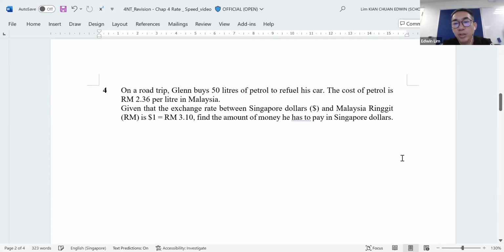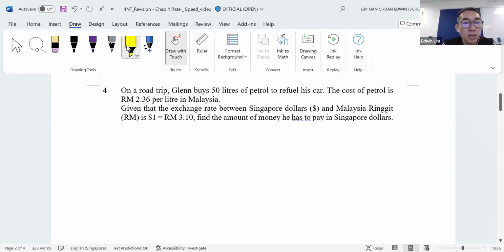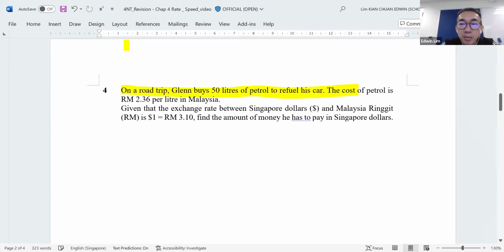Okay, for this question, there are several parts that you have to understand. First part, I'll just use the highlighter first. Grant buys 50 liters of petrol. The cost of petrol is 2.36 ringgit per liter. So how much does he have to pay for the petrol?